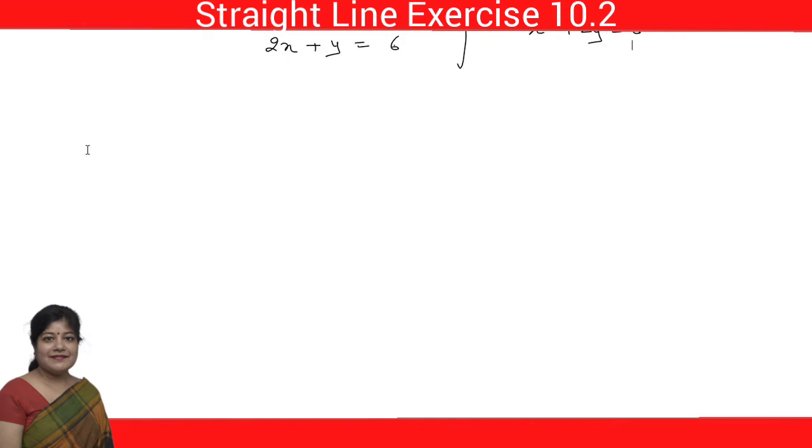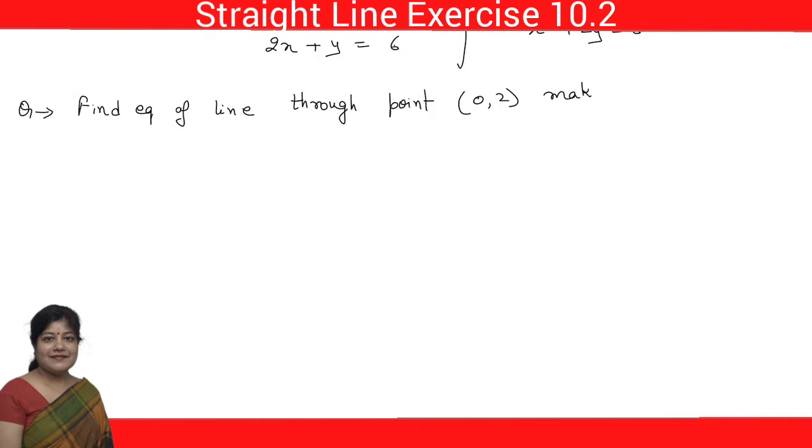Find the equation of the line through the point (0, 2), making an angle of 2 pi by 3 with the positive x-axis.